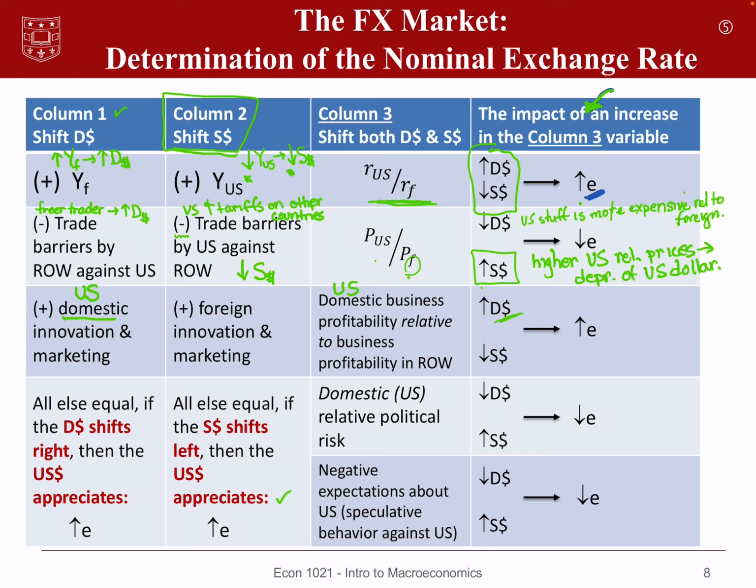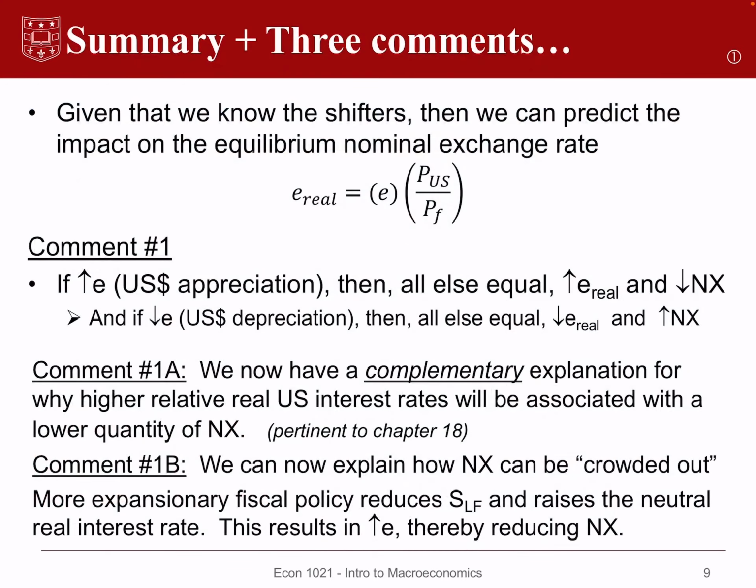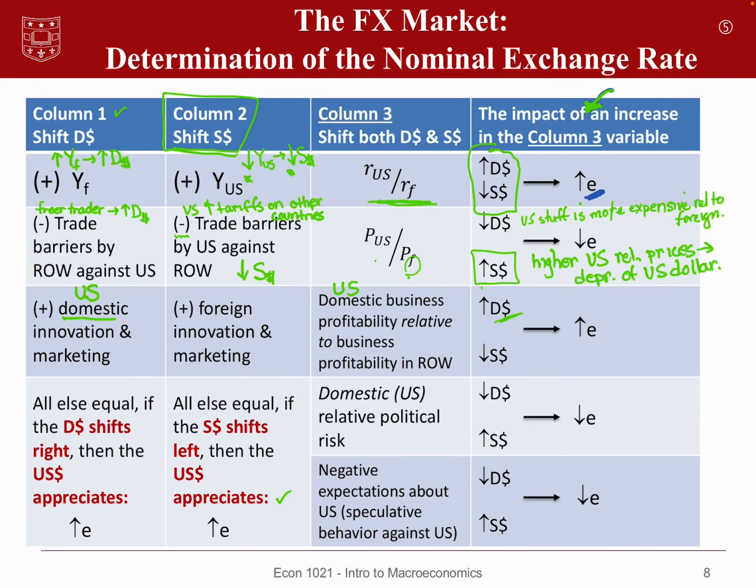Another thing that can affect exchange rates is relative political risk. So here, again, to be consistent with what I'm doing in this column, suppose that the U.S. becomes relatively more risky from a political point of view. Case in point, we've seen some crazy stuff happening over the last several weeks, and some of that political risk has been reflected in currency fluctuations.